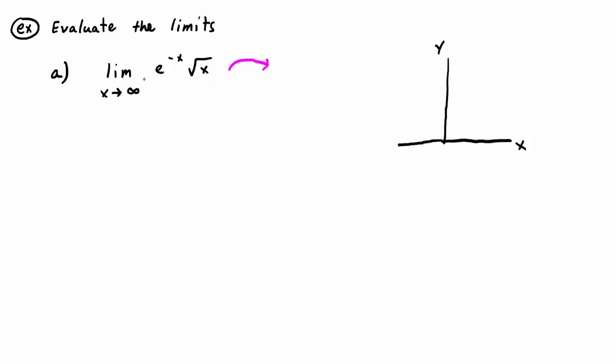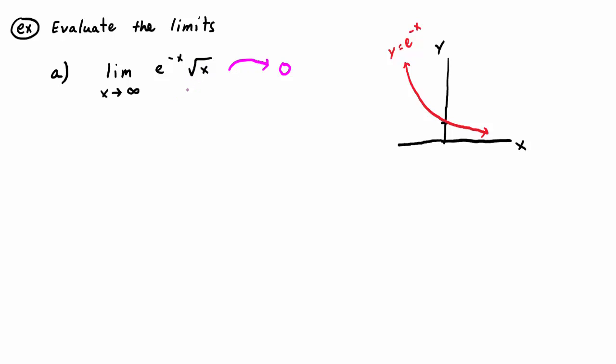The exponential function e to the negative x actually looks like this when the exponent is negative. So it's like you're graphing y equals e to the negative x here. X is going to infinity, so what does the graph of the function e to the negative x do as x goes to infinity? It approaches a height of 0. The x-axis is an asymptote, in other words. So it looks like this function, e to the negative x, approaches 0 as x approaches infinity.